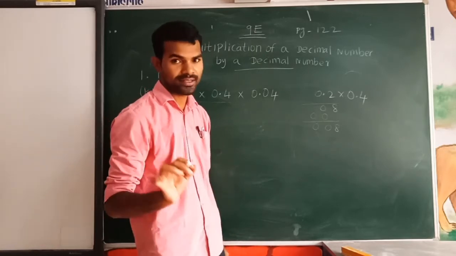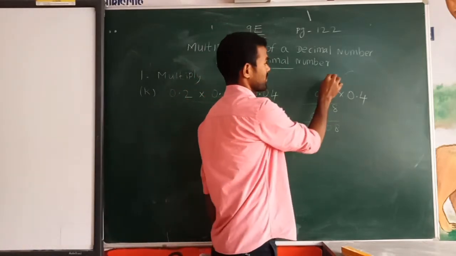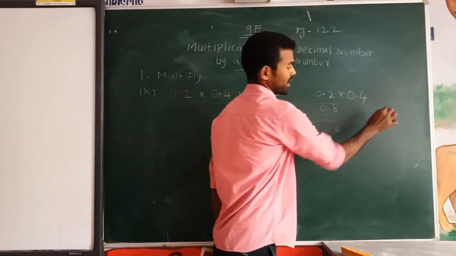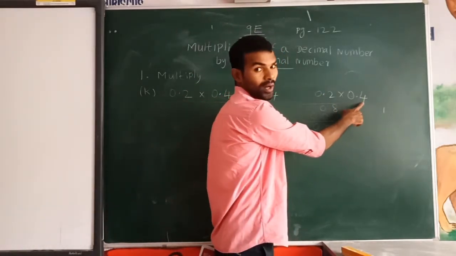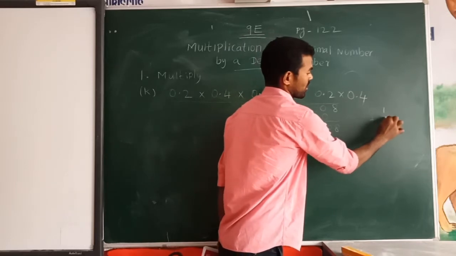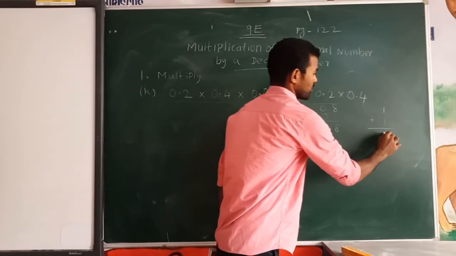After the point, there is one decimal place here, and here also after the point, one decimal place. So 1 plus 1, total 2 decimal places.